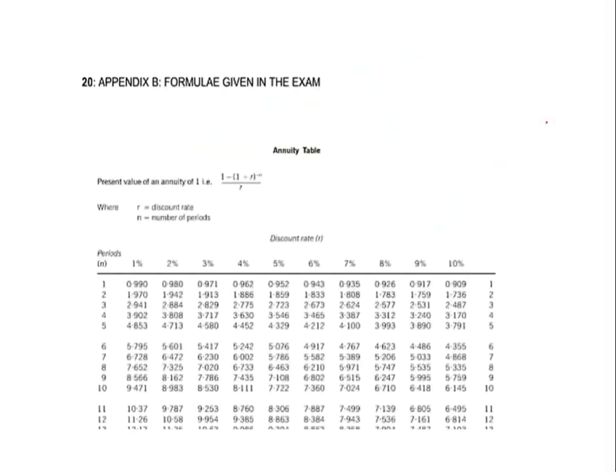If we look then on the annuity tables so that we don't have to calculate them, this is the second of the two tables in Appendix B. If we look at 10% for 3 years, you can see that we've got a cumulative discount factor of 2.487.